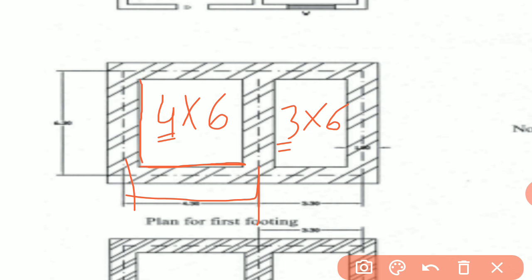Clear? So this is 3 meter and this is 6 meter. So x and y: whatever the first dimension is in the given dimensions, that is the x dimension and the remaining one is the y dimension.